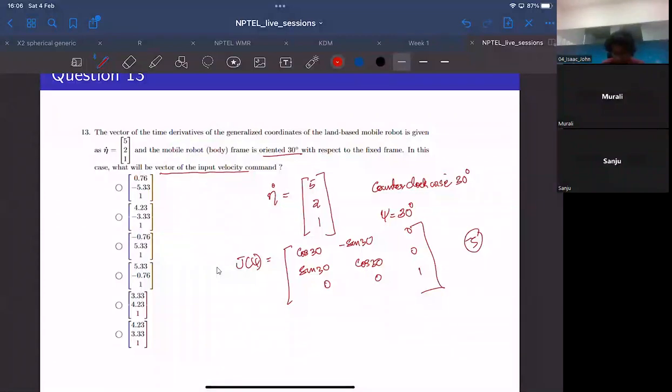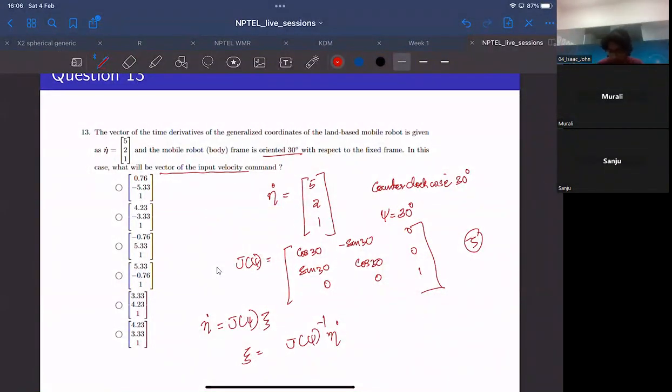As per the forward differential kinematics equation, eta dot would be J of psi into zeta. You are required to find zeta. So what would be zeta? Zeta would be J of psi inverse eta dot. So in this case, what would be J of psi inverse?